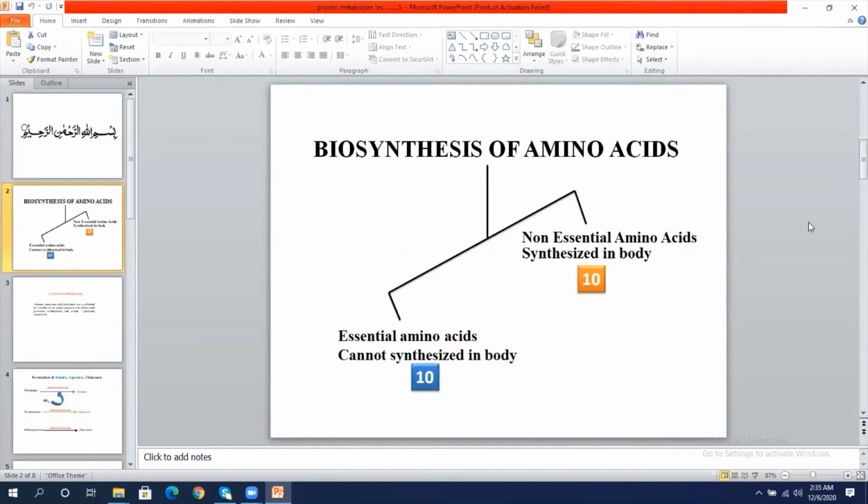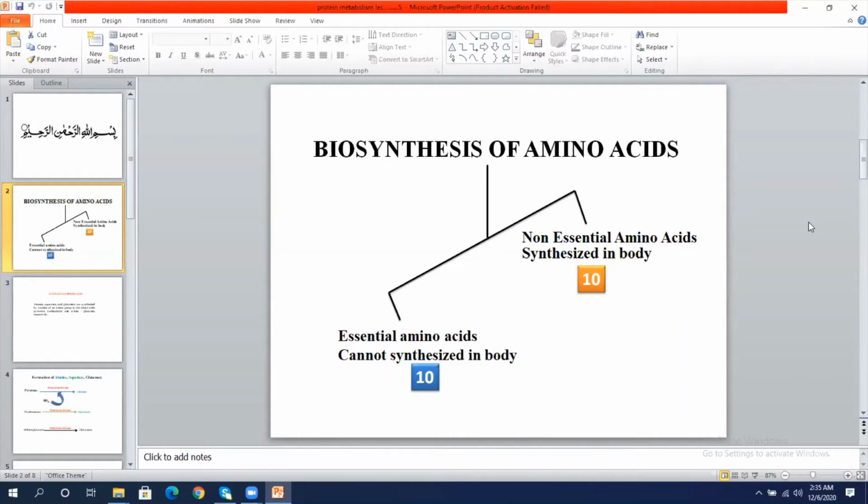Regarding this, now we will discuss only the biosynthesis of non-essential amino acids, which are only 10 in number. The biosynthesis of essential amino acids is not discussed because they are not synthesized inside our body.